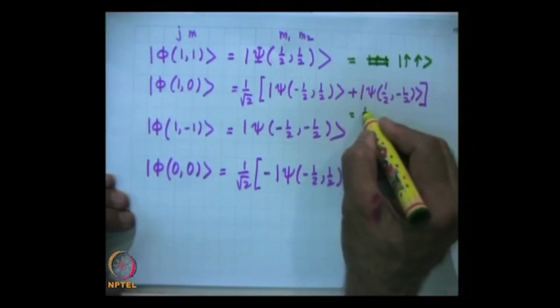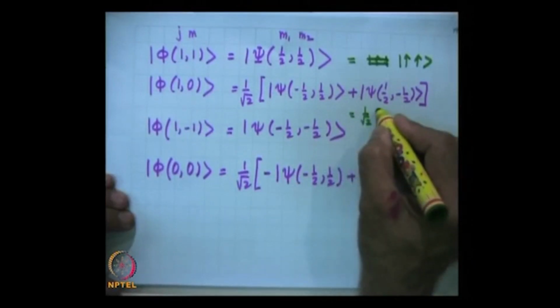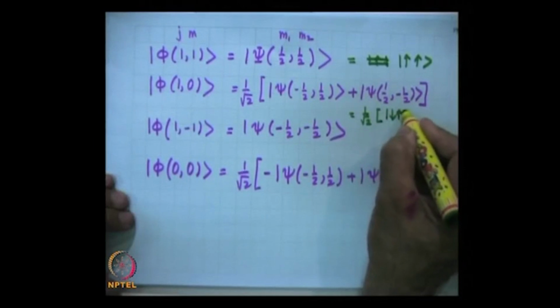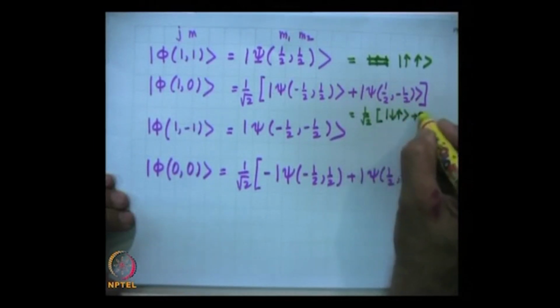This is 1 over root 2 of down, up, plus up, down.